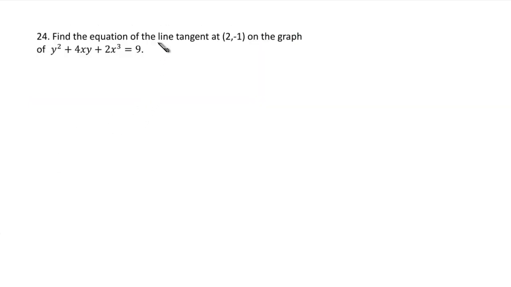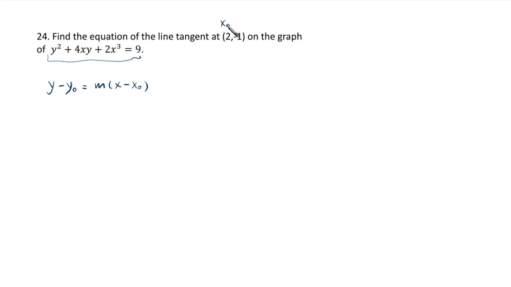Find the equation of the line tangent at 2, -1 on the graph of this function. Okay, so you need the equation of the line, which means you need to use the point slope form. Now, in order to use the point slope form, you need to know the slope and x naught, y naught, but that's easy, that's already given.